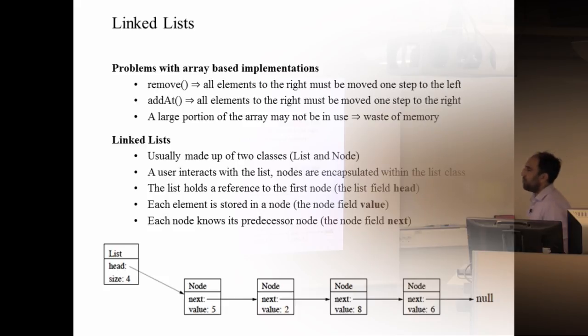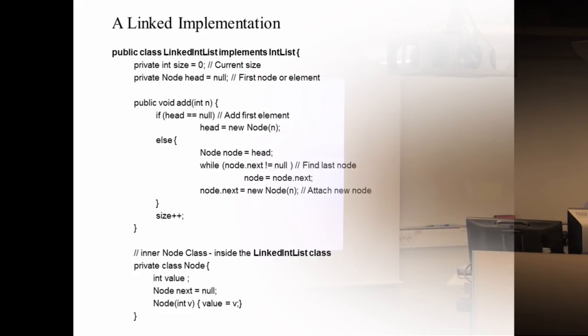And if you have a head, value, and next, which we already described, the head is the address to the first node, the value is the value of the data, and the next points to the next node in the list.